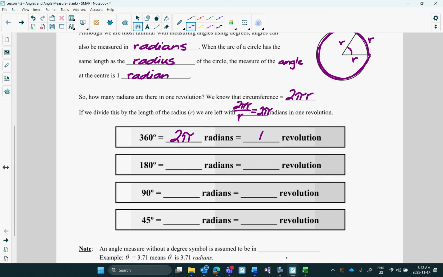For example, how many radians would 180 degrees be? Just pi, right? Because 2 pi divided by 2, because 360 divided by 180 is 2. So that means there'd be pi radians, or about 3.14 radians in half a circle, or half a revolution.